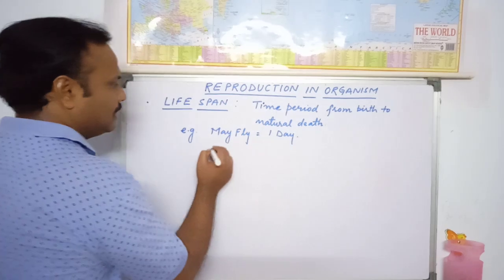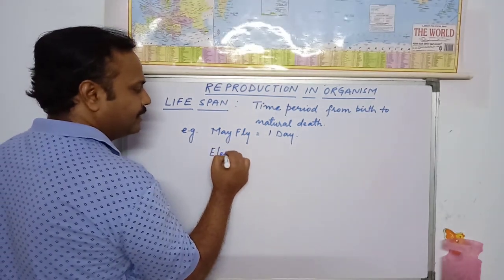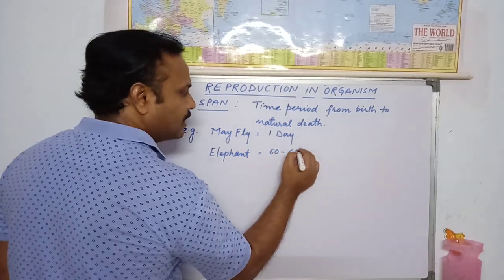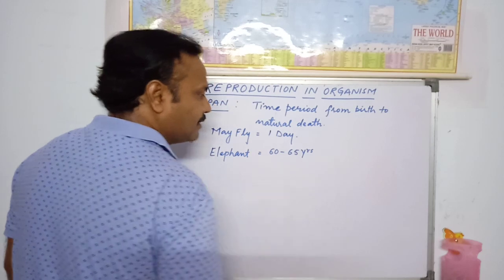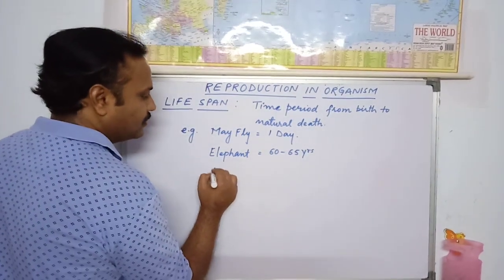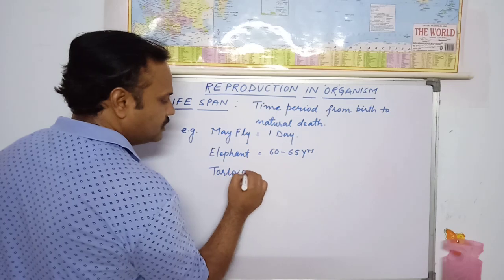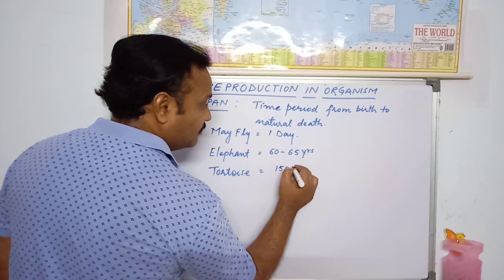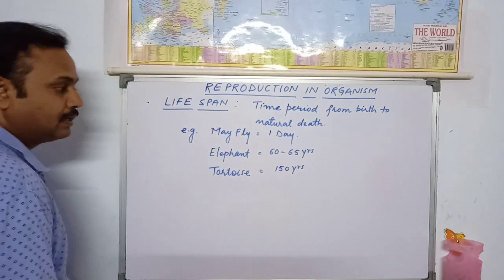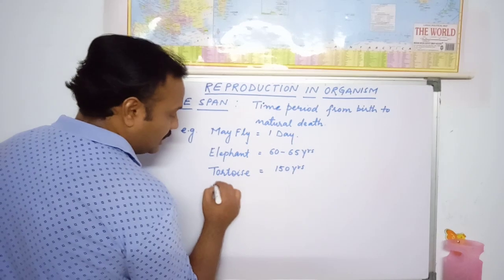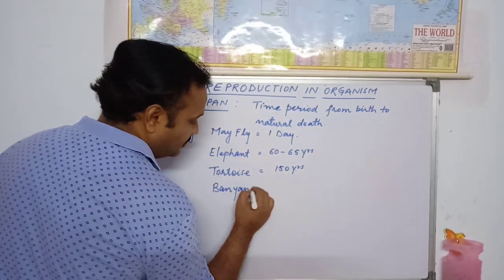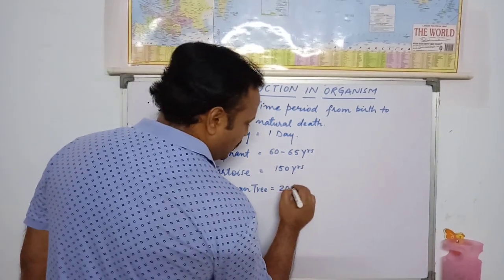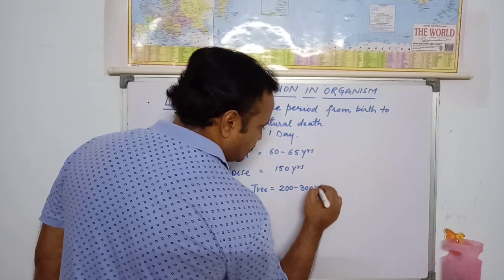While elephant 60 to 65 years, tortoise approx 150 years. As far as plants are concerned, like banyan tree, approx 200 to 300 years.